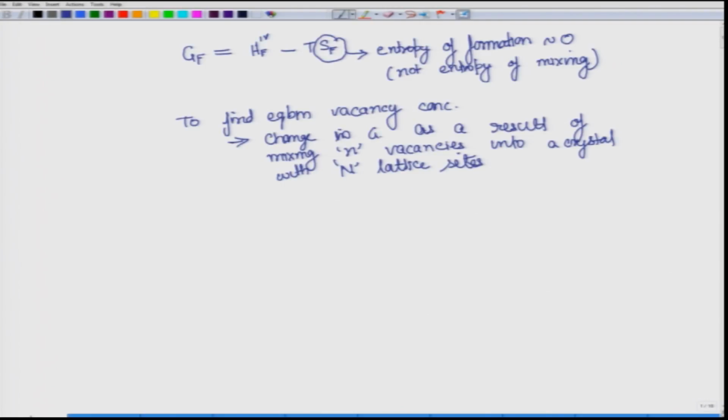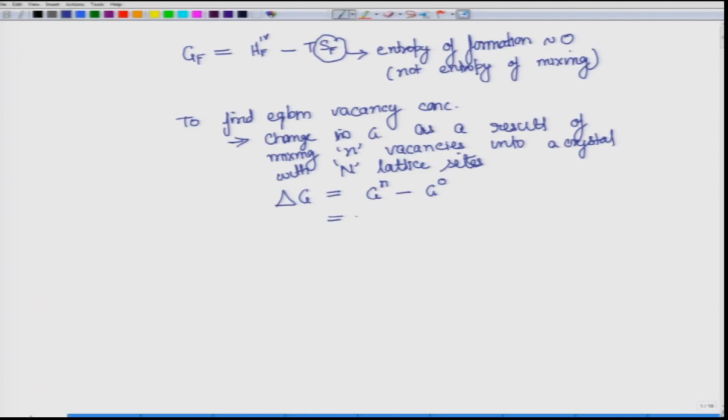Now, what will be the change in this? This change can be denoted by delta G, which will be G_n minus G_0. G_0 is when you have 0 vacancies, and G_n is when you have n number of vacancies.